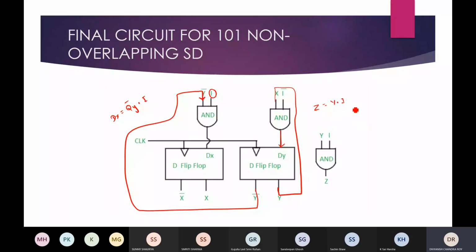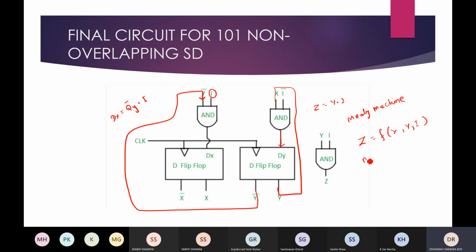Remember what I told. For the Mealy machine, the output z is a function of the states of the flip flops, like qx, or here x and y, along with the inputs.